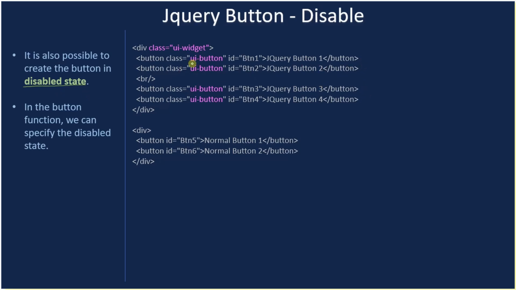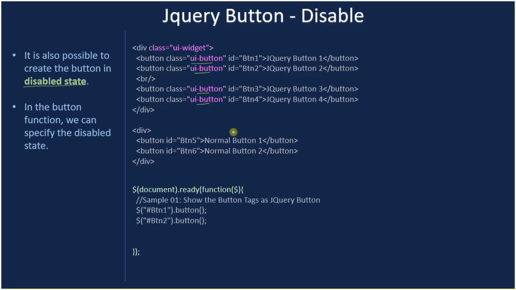With the jQuery UI button, and inside the document ready, we are accessing button 1 and button 2 based on ID. So you can see the hash symbol here. Then we are making a call to button on these two.